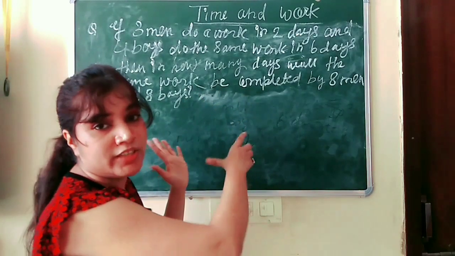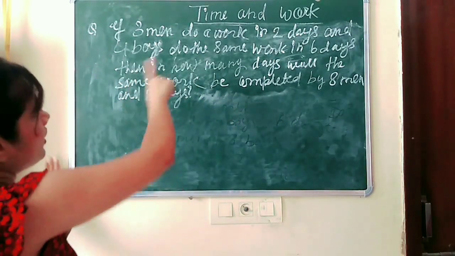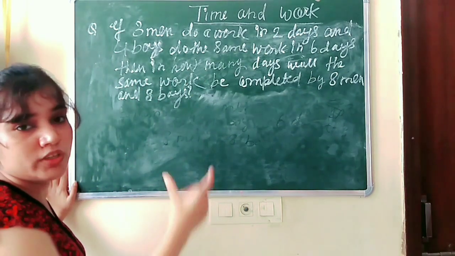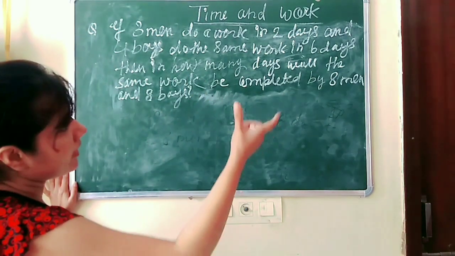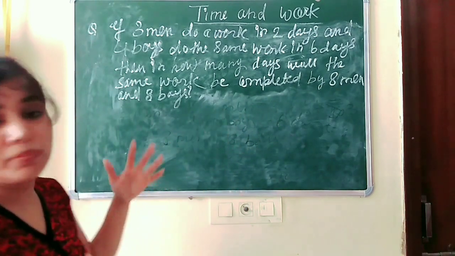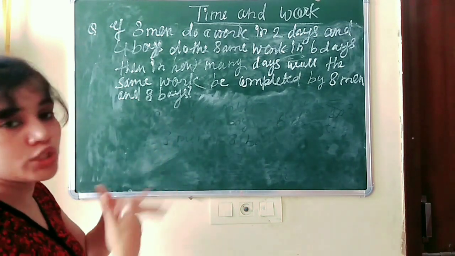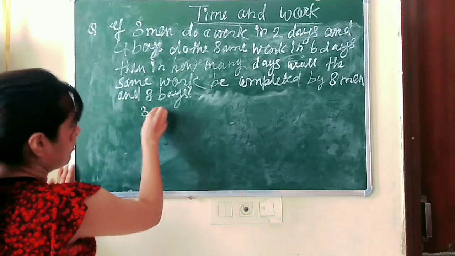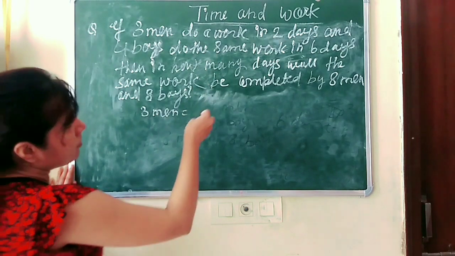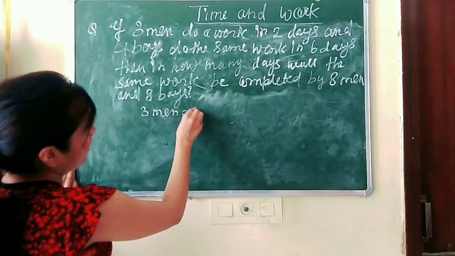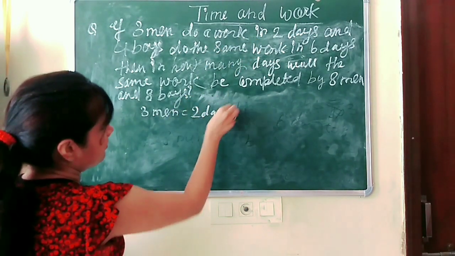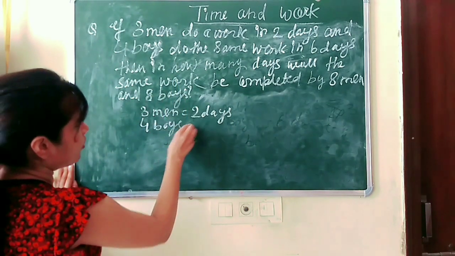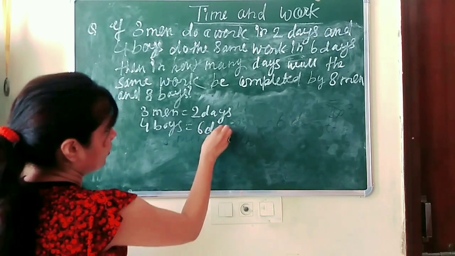Now we have another type of question. If 3 men do a work in 2 days and 4 boys do the same amount of work in 6 days, then in how many days will the same work be completed by 8 men and 8 boys together? So first it is given that 3 men are doing some work in 2 days and 4 boys are doing the same amount of work in 6 days.